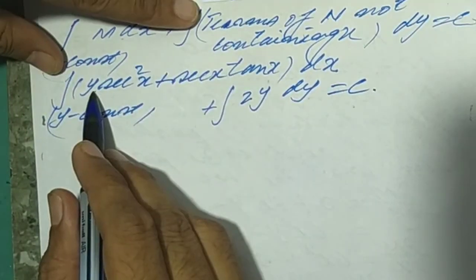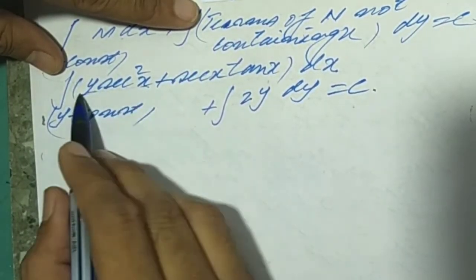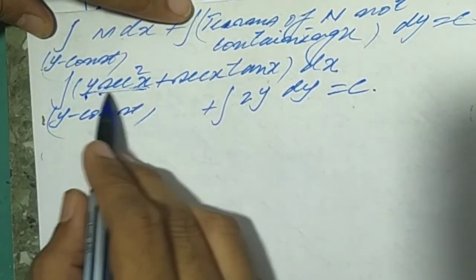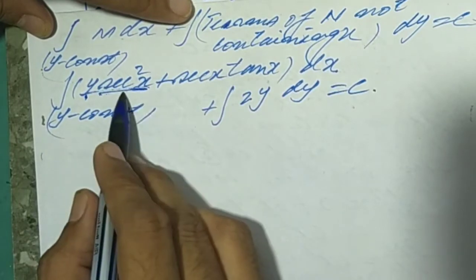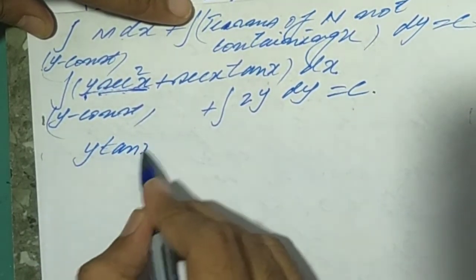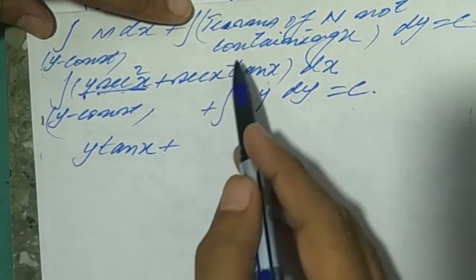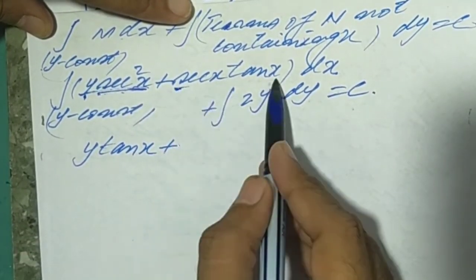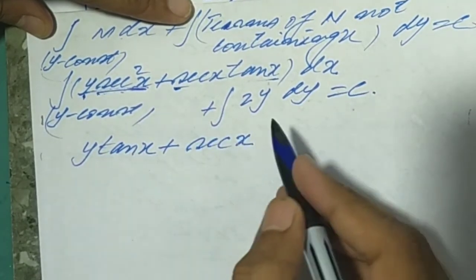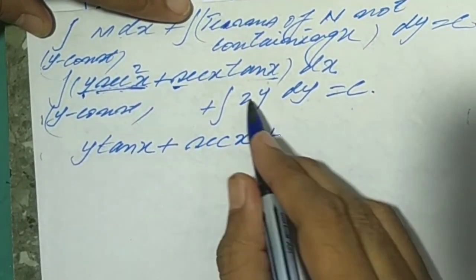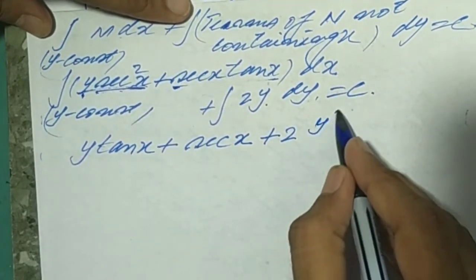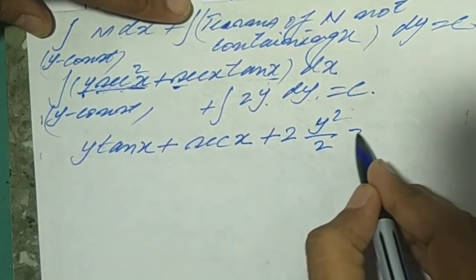Now if we integrate this term with respect to x, keeping y as constant, as we know well, integral of sec square x is tan x, so we get y tan x plus, and the second term is sec x tan x whose integral is sec x, so sec x plus 2, integral of y with respect to y is y square upon 2, is equal to c.